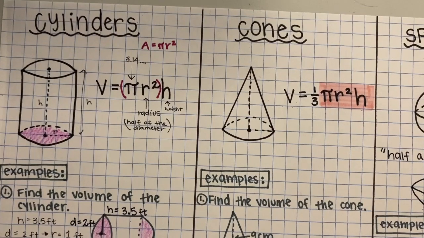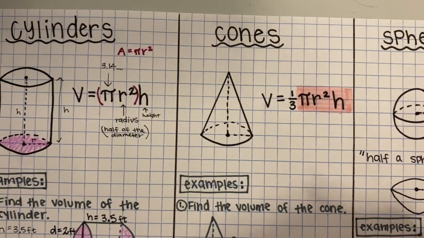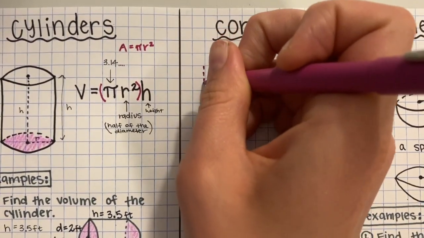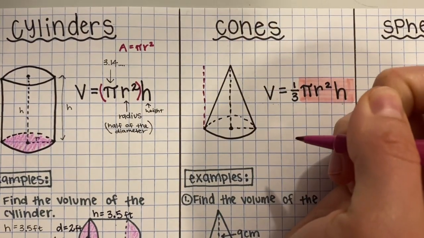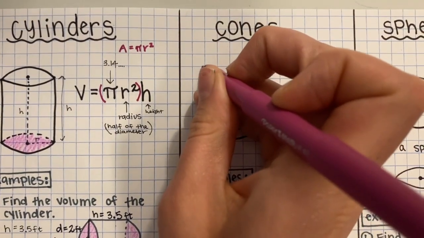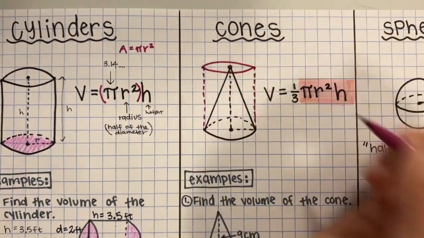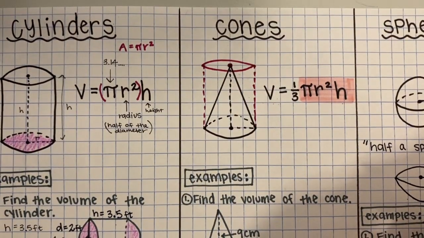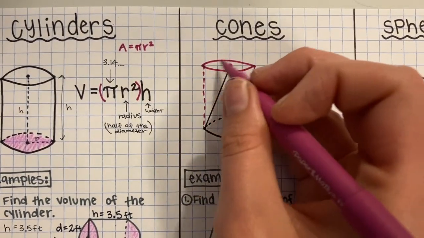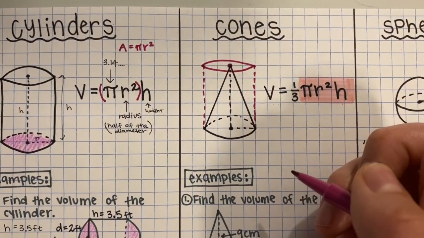So I actually know, before I know anything more about cones, that if I had a cylinder that had this height and base, its volume would be 3 times the volume of this cone, because 1/3 of the volume of that cylinder gives me the volume of the cone.